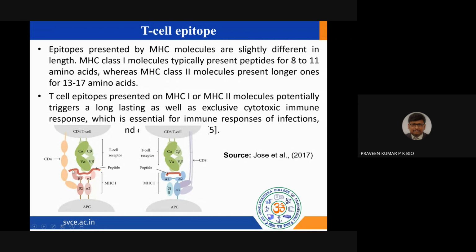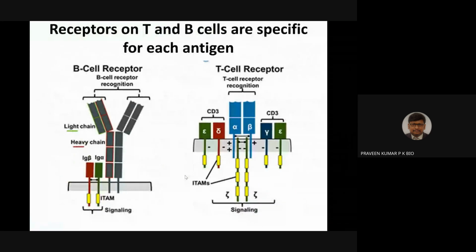The length will be around 13 amino acids, which is greater than the CD8 T cell epitope, which is just 9 amino acids in length. Actually it is a range, but even in Coursera courses developed by the Johns Hopkins University, they prefer to use this kind of value, so you can fix it for your research.